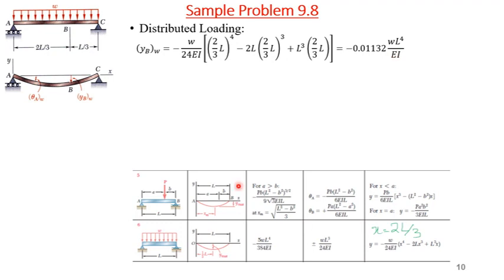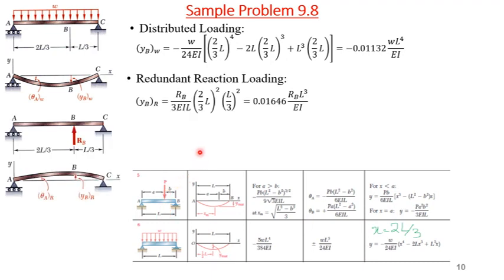Now for the second one, for the redundant, we have P. Since in our case P is acting upward, we will take P negative in this equation, and we put again x equal to 2L by 3.